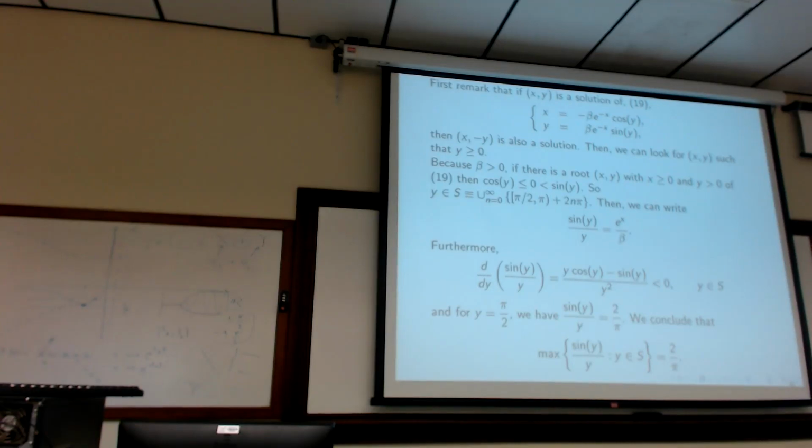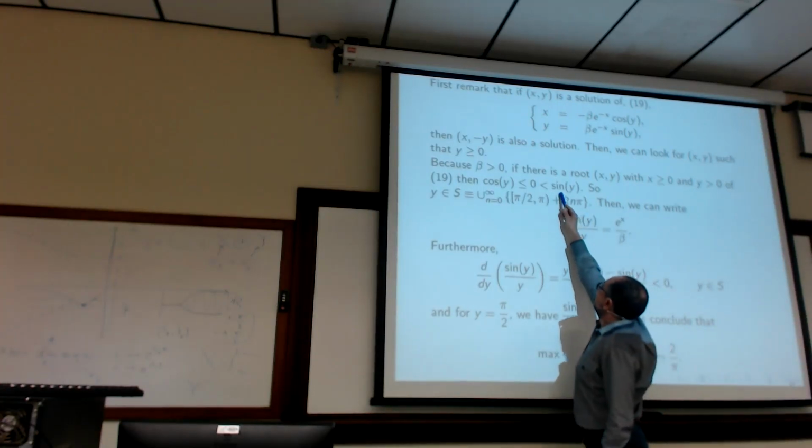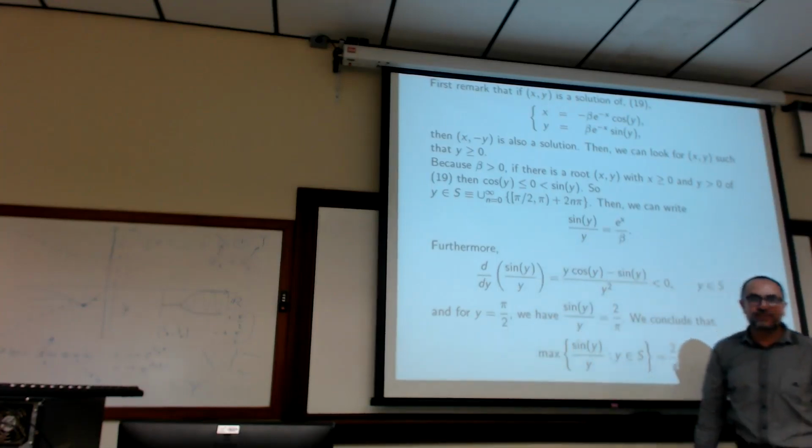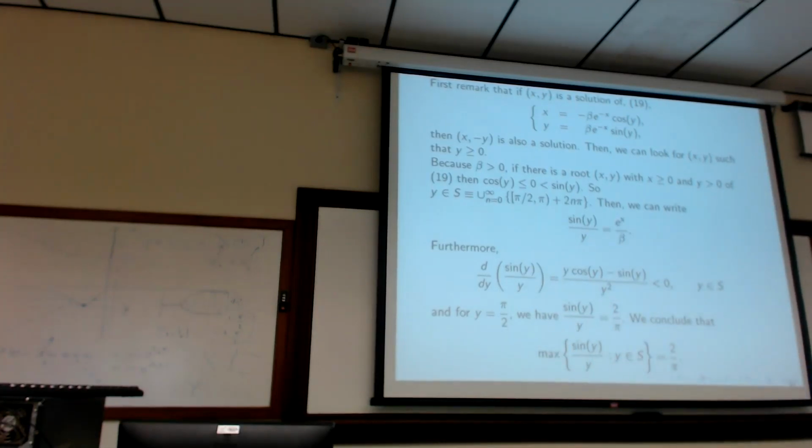The first equation of the system gives you this property, and the second one gives you the fact that sine is positive. Sine y cannot be equal to 0 because if you put y equals 0 in the system, it doesn't work. This is why we take y greater than 0.